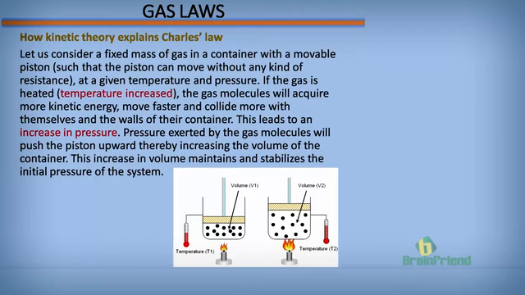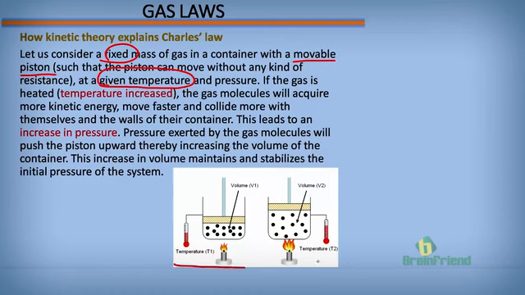Now let us look at how kinetic theory explains Charles' law. Considering a fixed mass of gas, remember the key word is fixed, in a container with a movable piston. The piston should be such that it can move without any form of resistance. At a given temperature, we have a particular temperature at the start of the experiment.